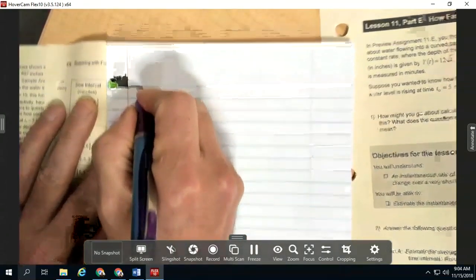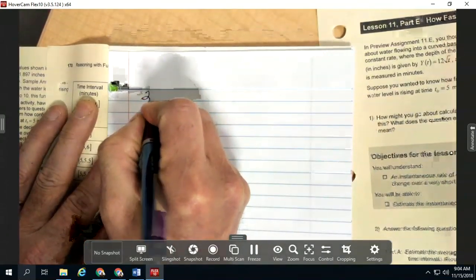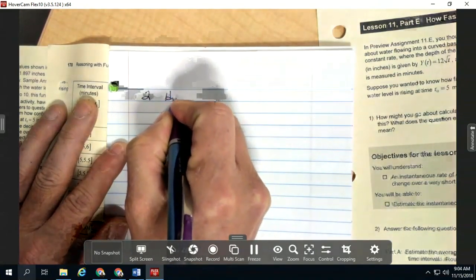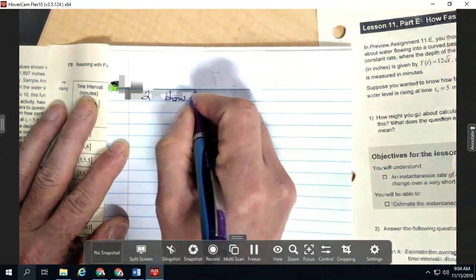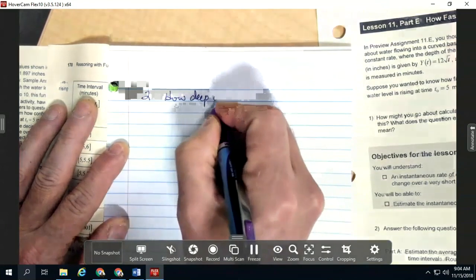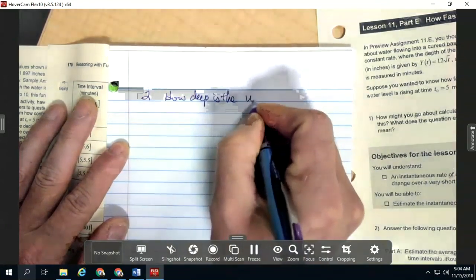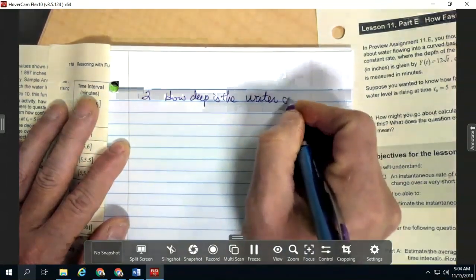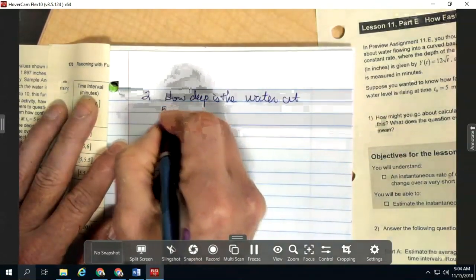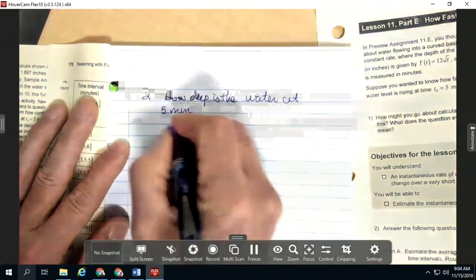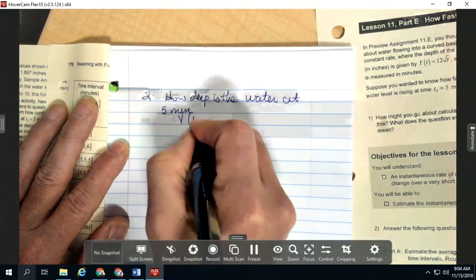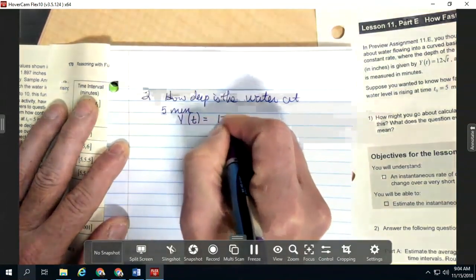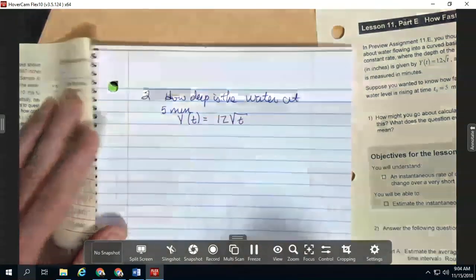Before we do number 2, let's figure out how deep is the water at 5 minutes, using the formula y as a function of t is 12 square root t.